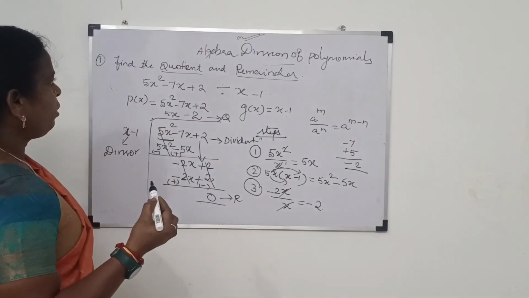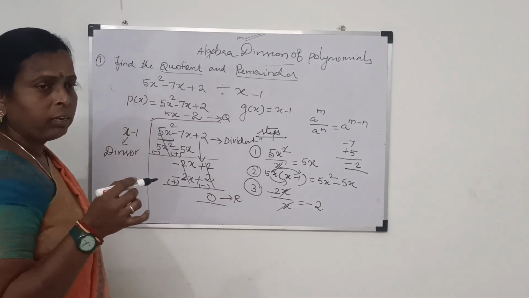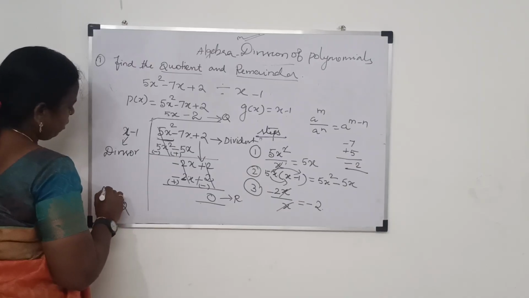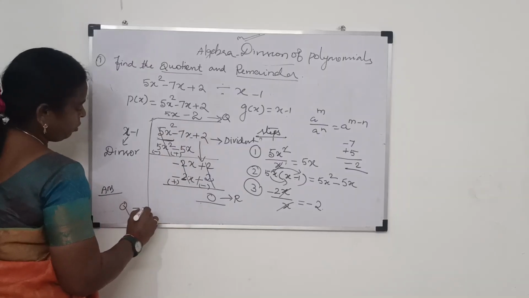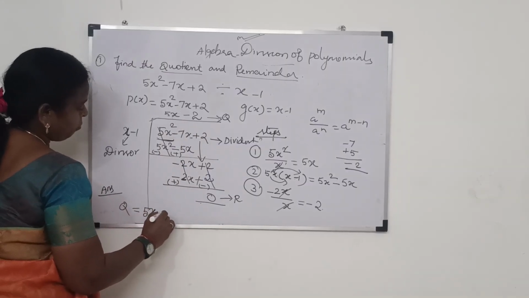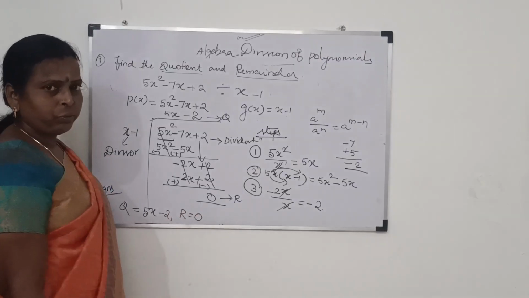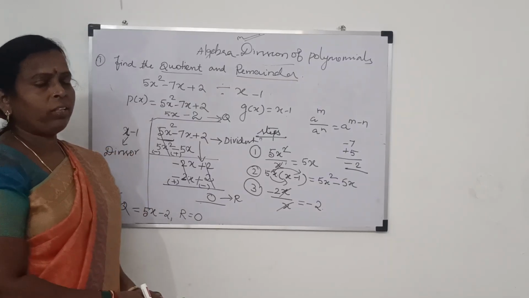So find the quotient and the remainder. What is the quotient here? When you are writing the answer, quotient is equal to 5x minus 2, and remainder is equal to 0. Clear? Any doubts? Okay, thank you.